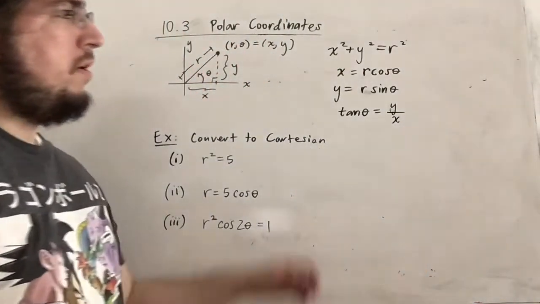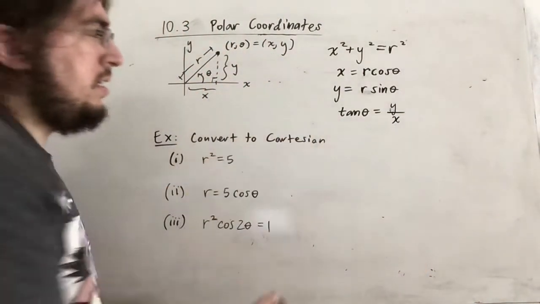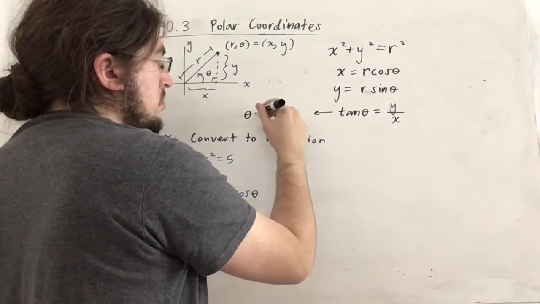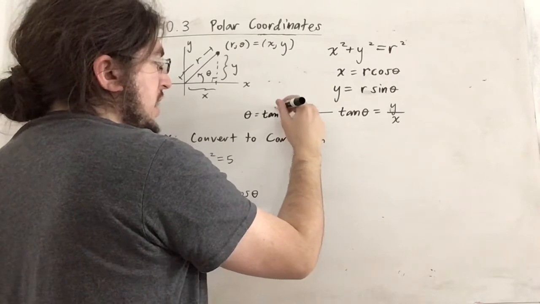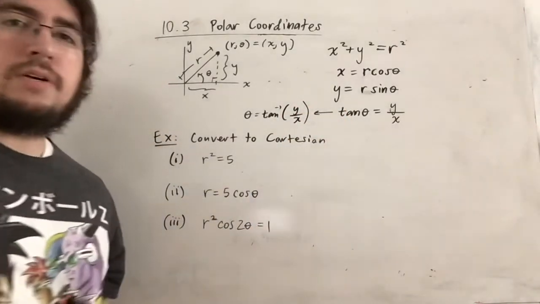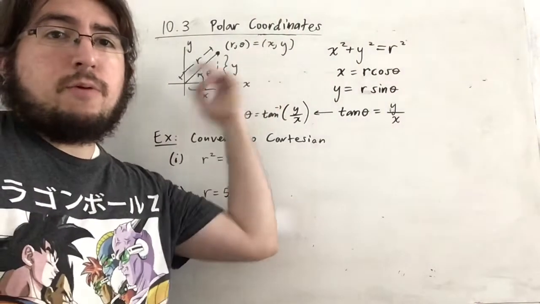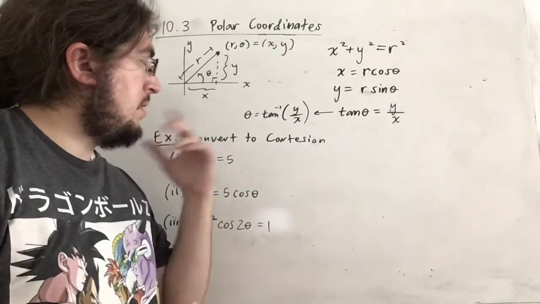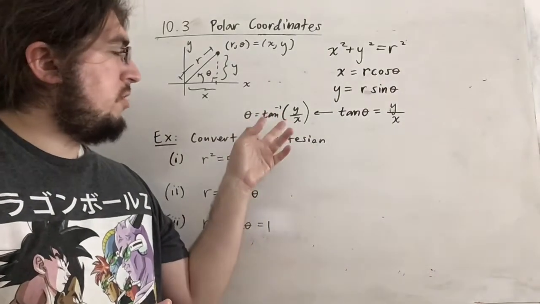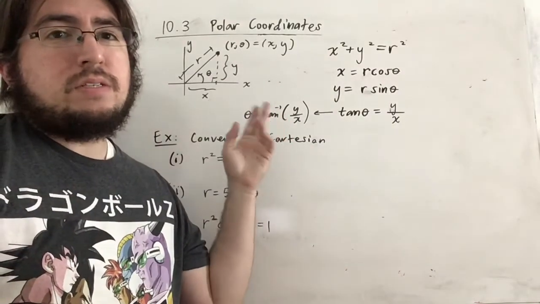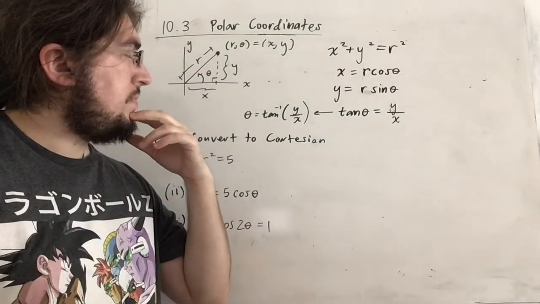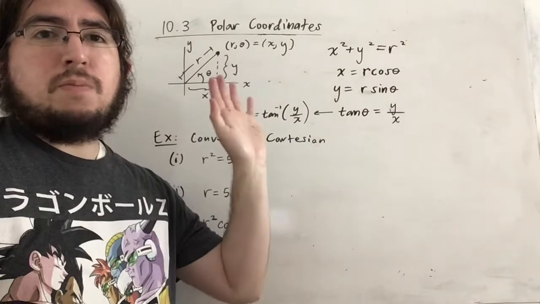For the most part, this is really used to find theta, because what you can say from this is that theta is equal to tangent inverse of y over x. You have to be careful when you do this, because you need to make sure that you're in the right quadrant and you find theta correctly. Because of course, if you recall from trigonometry, the inverse tangent function only has a range of negative pi over 2 to pi over 2.